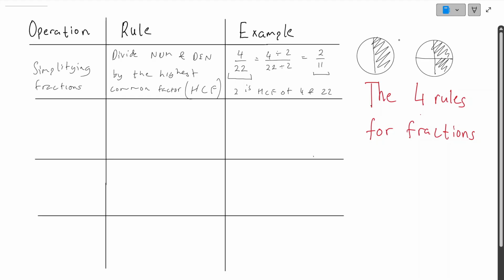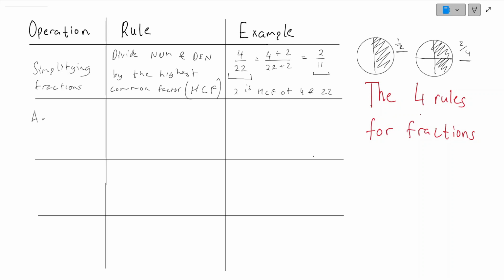The one for pizza 1 is going to be 1/2, so chosen divided by the total. And the one for pizza 2 will be 2/4, chosen divided by the total. But you're going to get the same amount of pizza in either example. Therefore, 1/2 is the same as 2/4, just that the 1/2 is the simplified version of it.